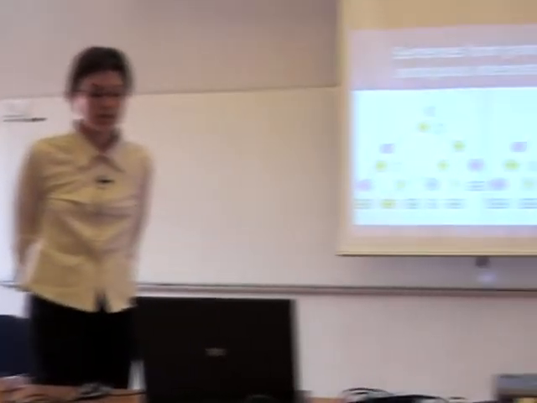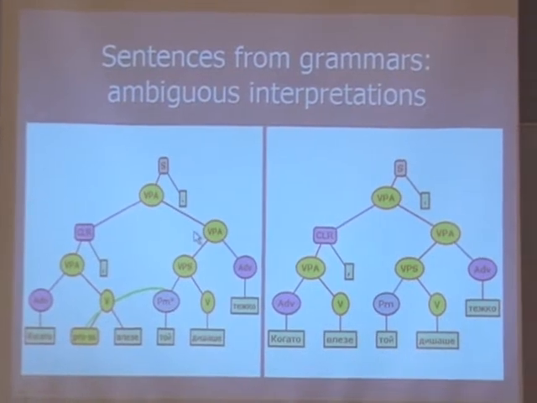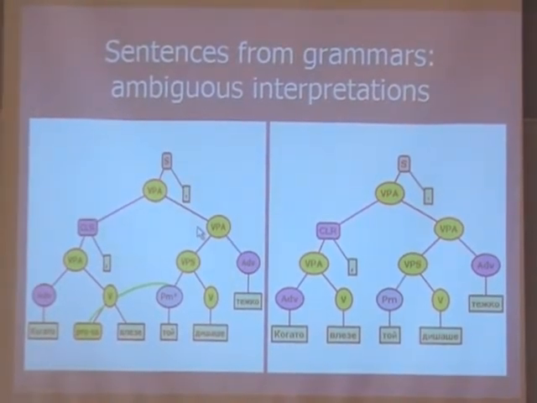So just a small example. When we have isolated sentences, of course you know that, but just to put some example, two ambiguous interpretations. Okay, Bulgarian is a prodrop language like Czech, and so we have two possibilities here.